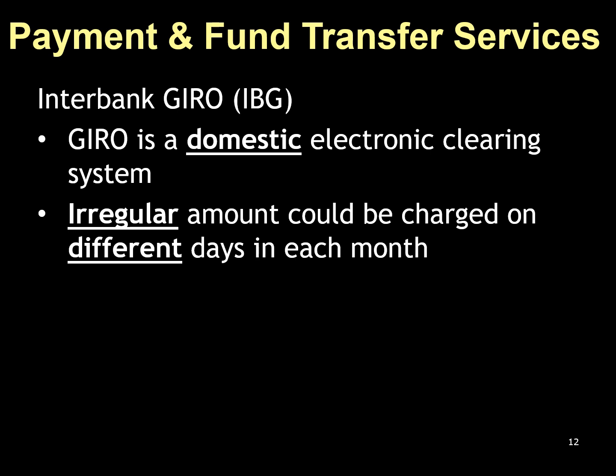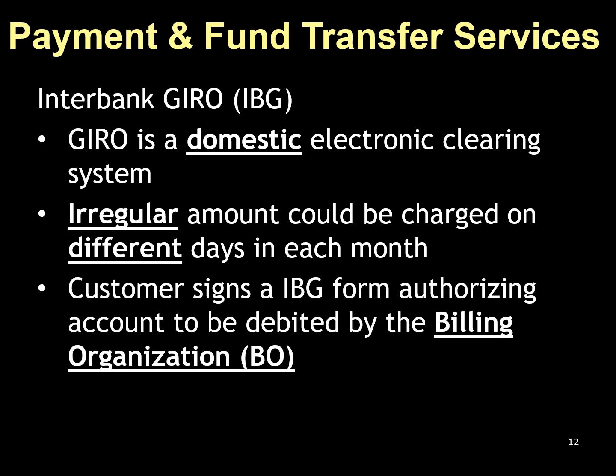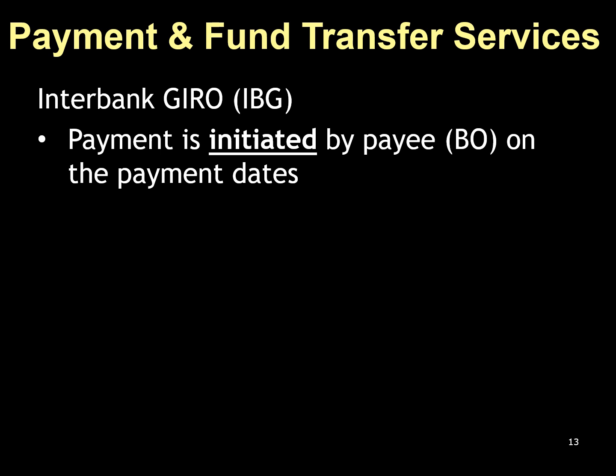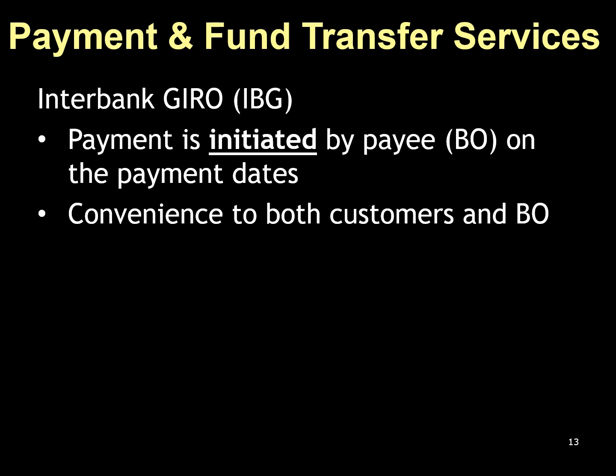So basically, in short, it's flexible. The customer signs the GIRO form authorizing the amount to be debited by the billing organization. Payment is initiated by the payee, basically the billing organization, on the payment dates. And it's convenient to both the customer and the billing organization.